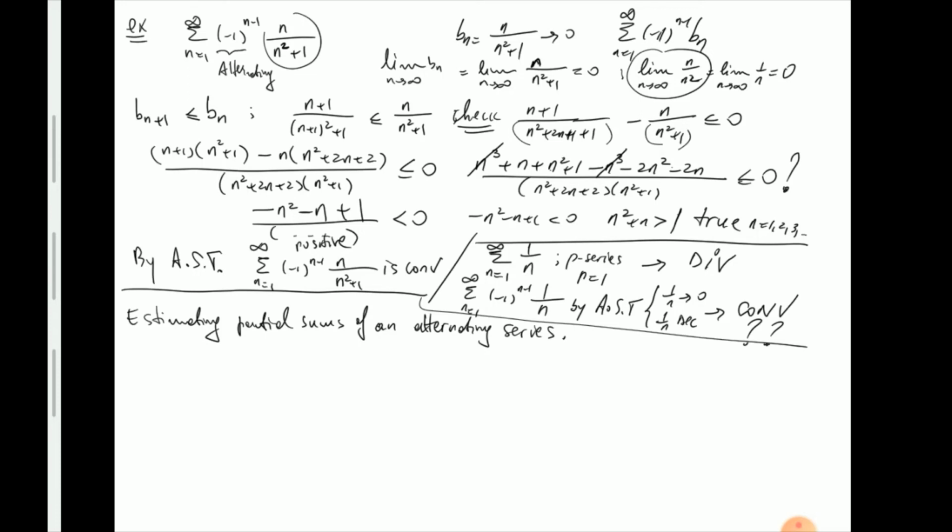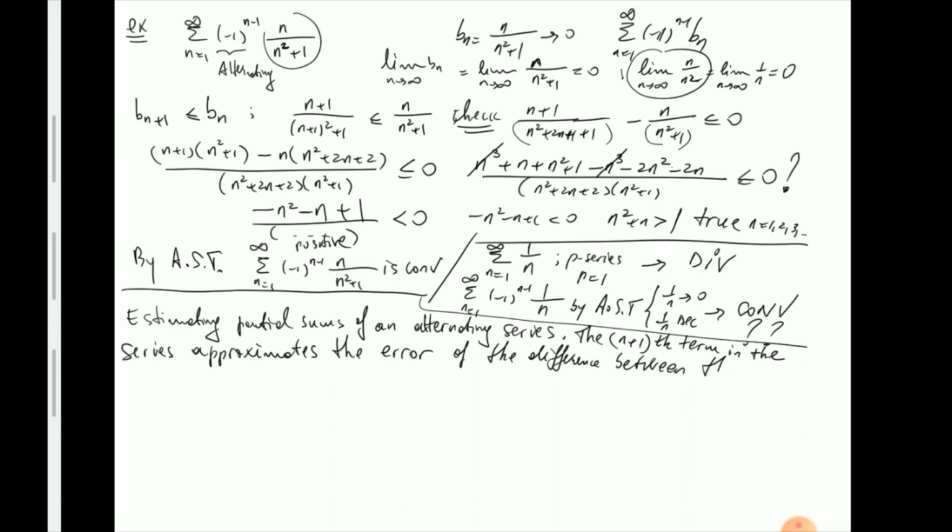So it turns out that the n plus 1th term in the series approximates the error, the difference between the exact sum and the partial sum made of the first n terms.